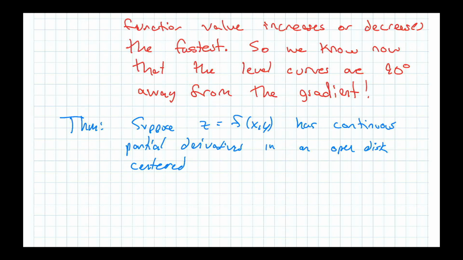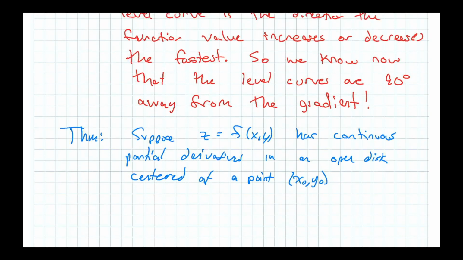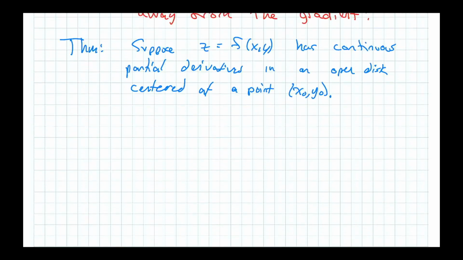They could have just said everywhere, that would have been fine too, but they only want to require what it needs to require. So you've got a function that has continuous partial derivatives. What they're going to say then is, if the gradient f of x0, y0 is not 0, that looks just like the other conditions that we already learned about the directional derivative, right? But I don't know why this one was not listed with the others.